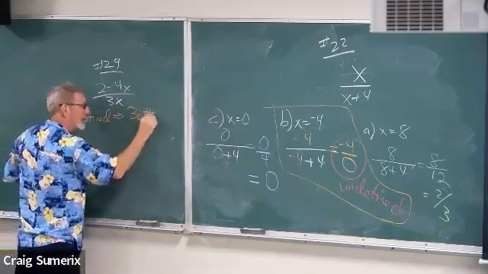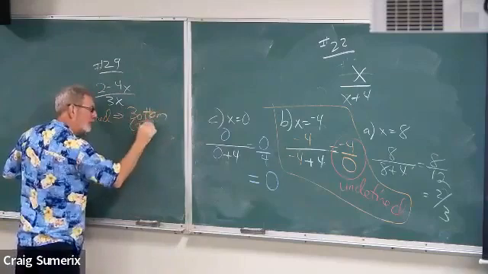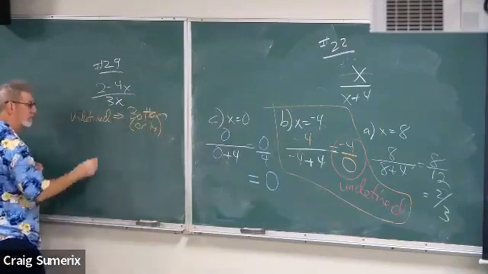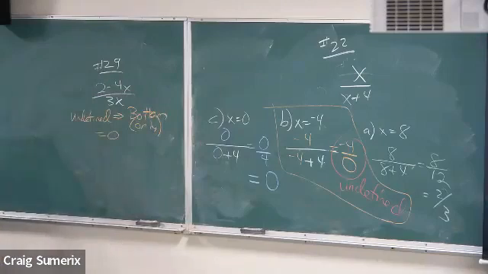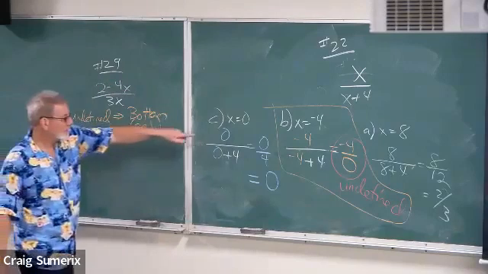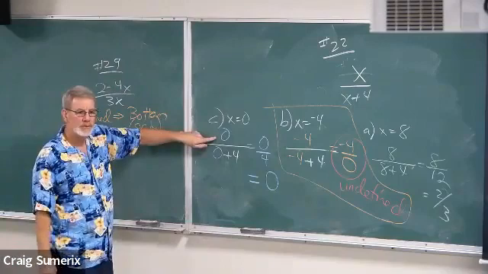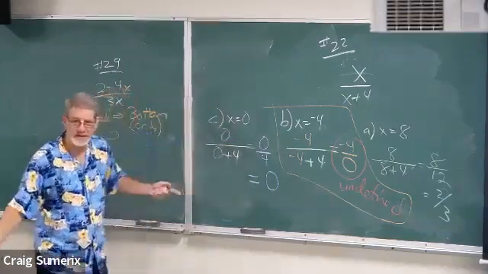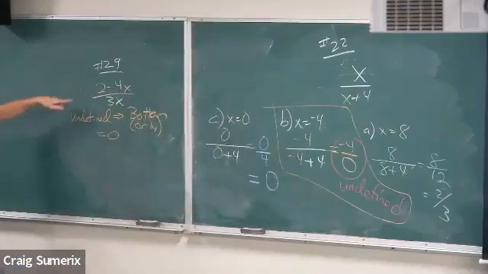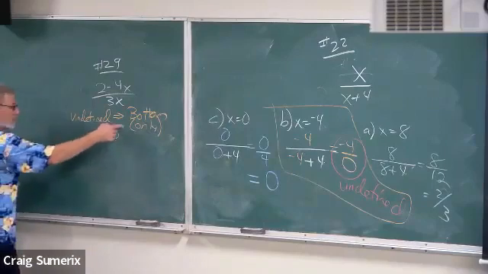Is when the bottom only equals 0. Do we care about the top? When the top was 0, was there an issue? No, it just means we end up with an answer of 0. That's not an issue. So we don't care at all about the top. Only the bottom.